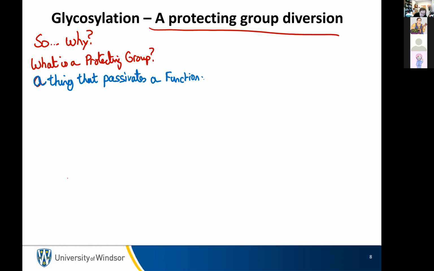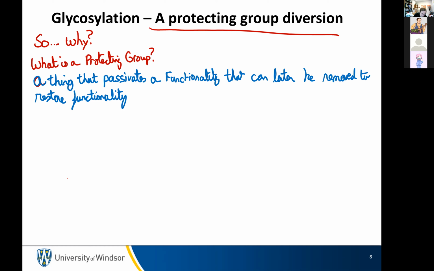And I agree with the second part of your definition, Hazel, that can later be removed to restore functionality. Absolutely. Yeah, that's a good working definition of a protecting group.